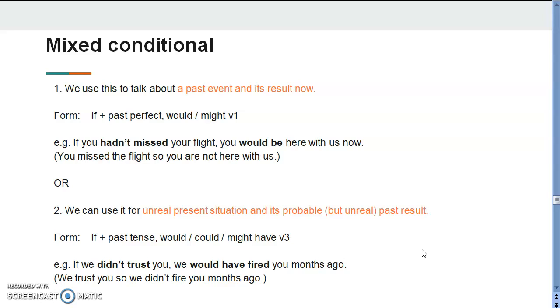So here it means, right now we trust you. That's why, as a result, we didn't fire you a long time ago in the past. So here for the unreal present, we used the second conditional, and for its past result, we used the third conditional.